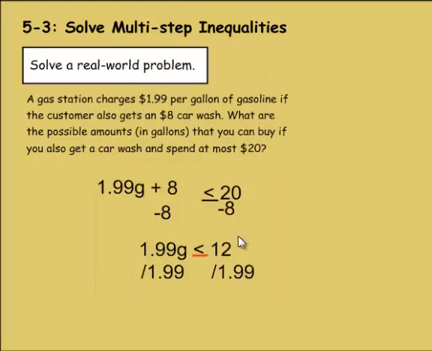So G, or gallons, needs to be less than or equal to 6.03. Anything at or below this amount of gallons would still let me pay less than $20 for the total.